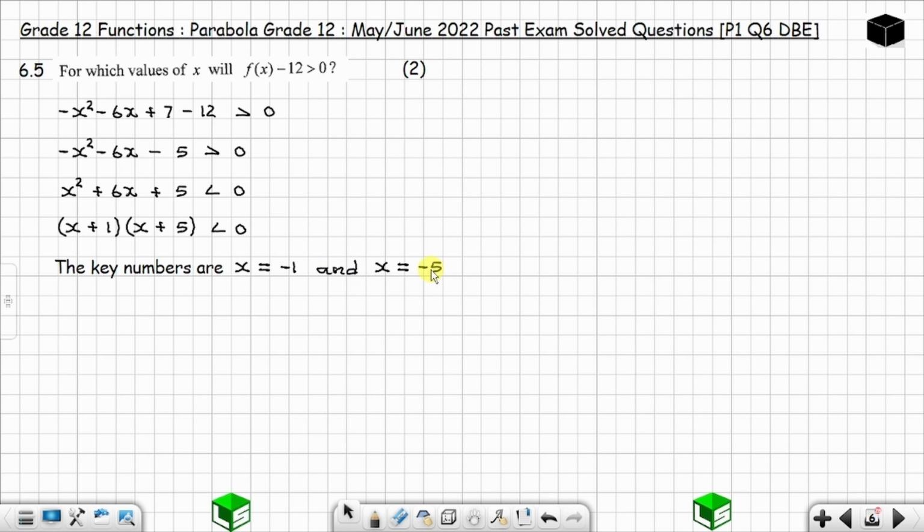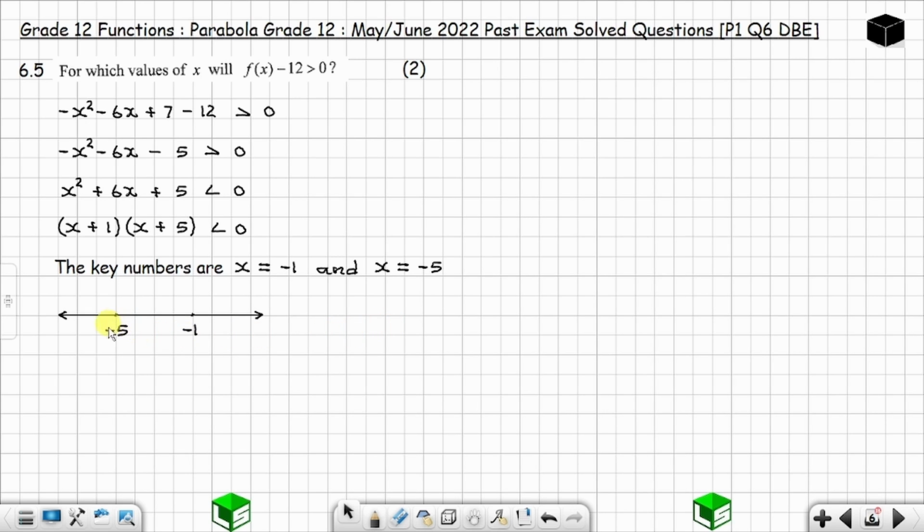Now from here, you have to get the key numbers on the number line. This is the number line, and you have -1 there, and you also have -5 there. I hope you understand that, because if you go to that side, you have -6, -7, -8, -9, -10, and all the way to -infinity. Or you can go this side, after -1, you have 0, 1, 2, 3, 4, 5, all the way to positive infinity.